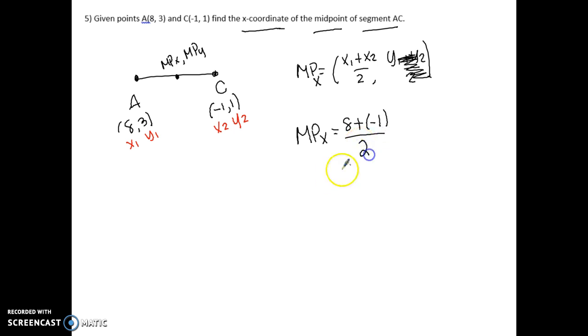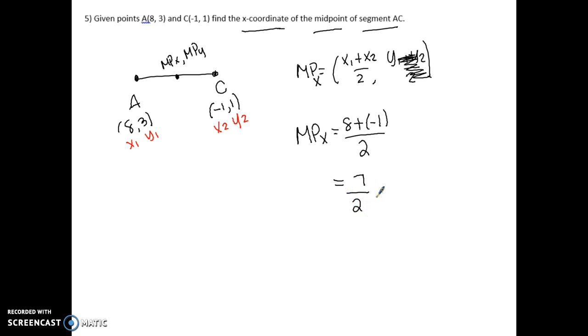Divide that by 2. So pause this video for a bit and find out what 8 plus -1 is. So if we put it in our calculator correctly, 8 plus -1 is actually saying 8 minus 1. So that is 7 divided by 2.